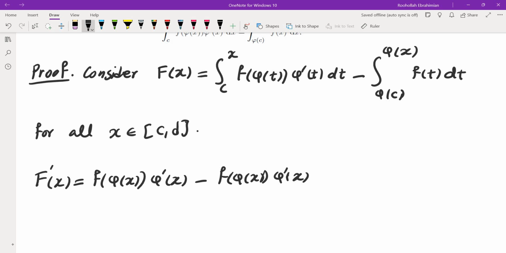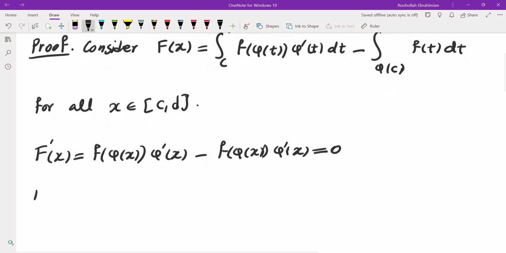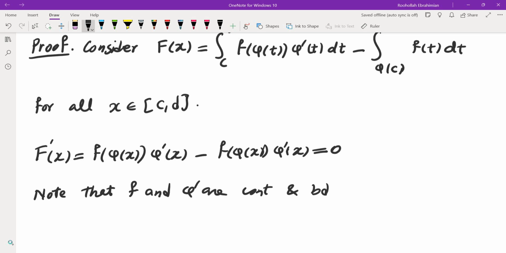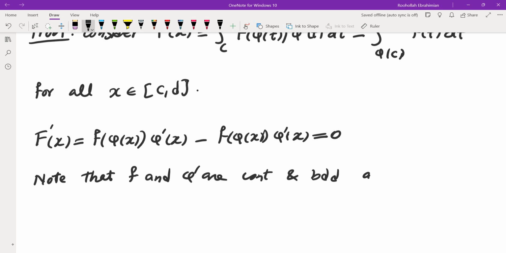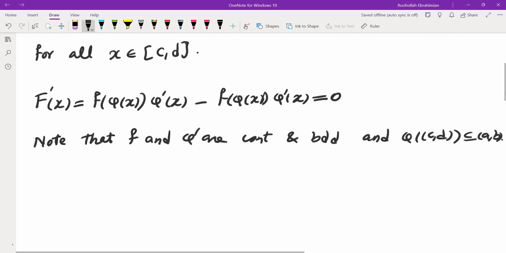Now we have to check the conditions of that theorem. Note that the conditions were all satisfied. Note that f and phi prime are continuous and bounded, and phi of [c,d] is inside [a,b], which is why we are able to do the composition.